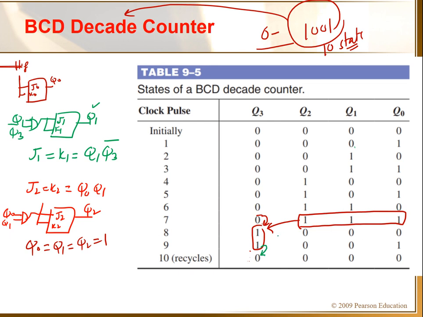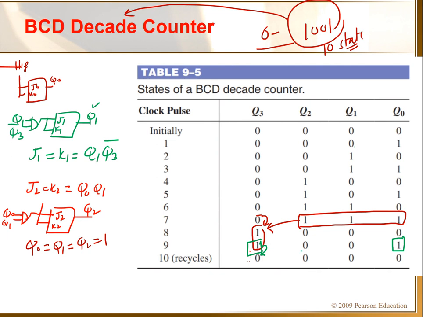So what is the condition when this is changing its state from 1 to 0? There are multiple ways. The simplest way is that we look at the condition that Q0 is 1 and Q3 is 1. At that time this change will happen.